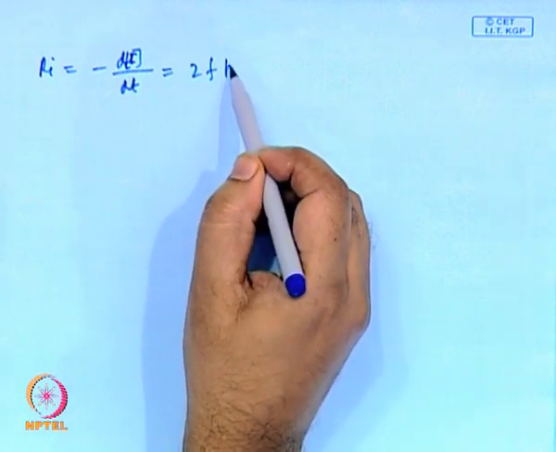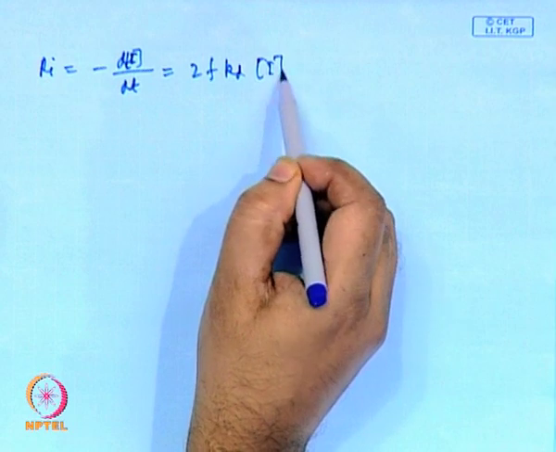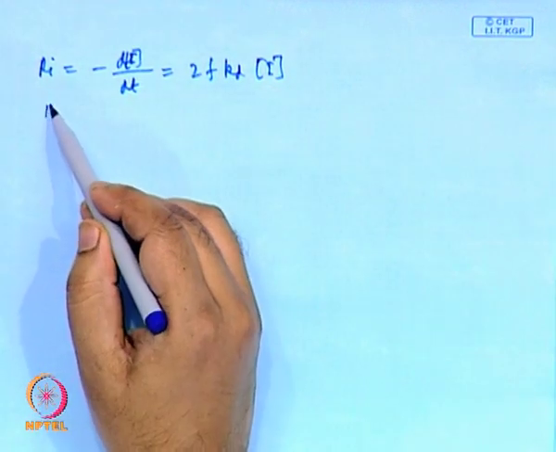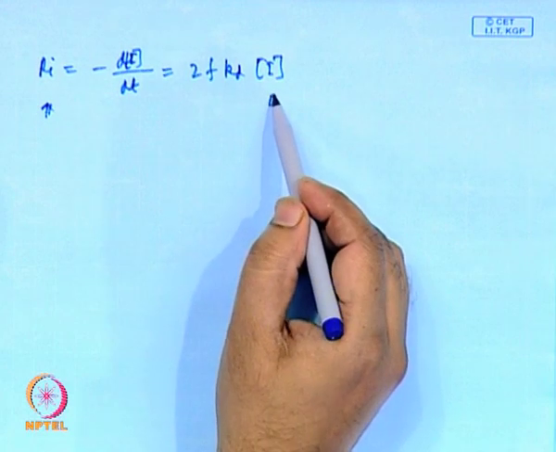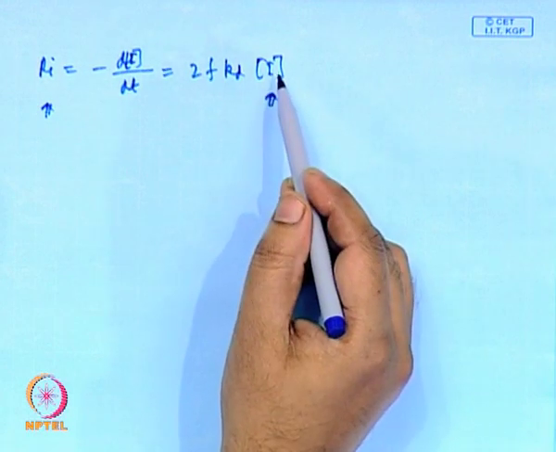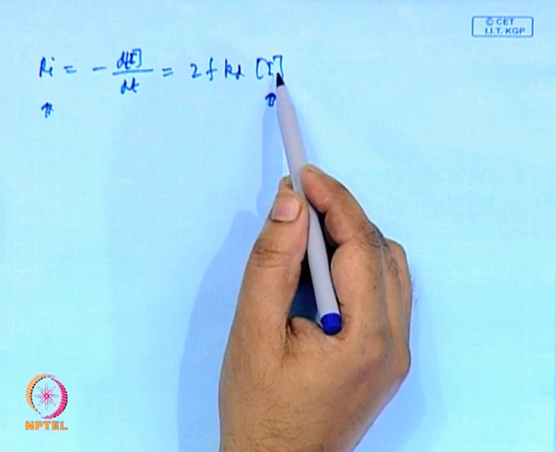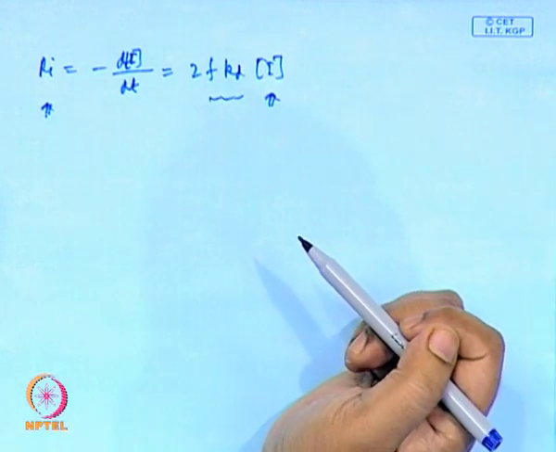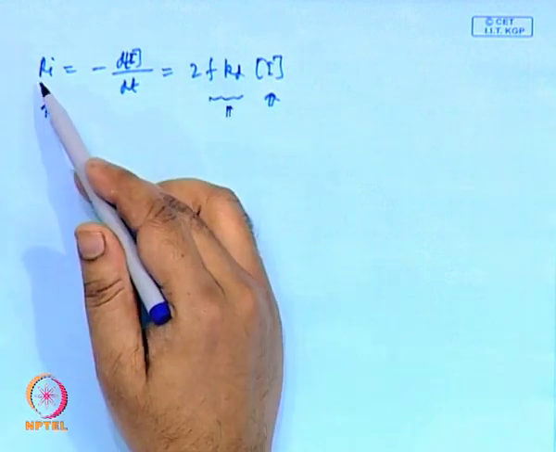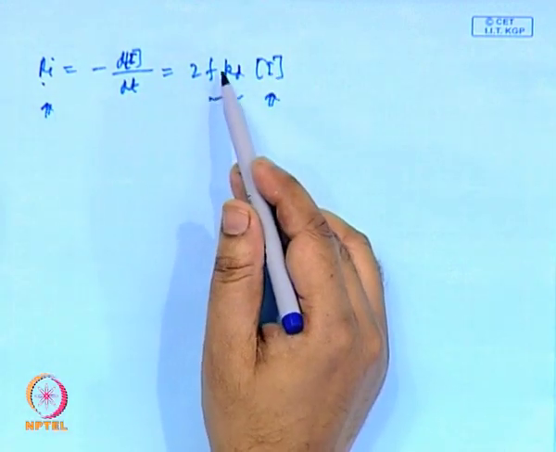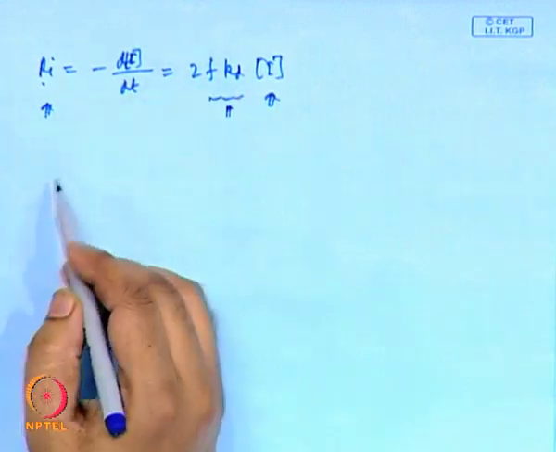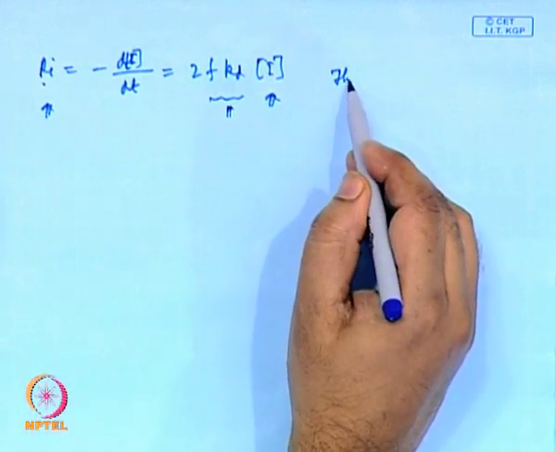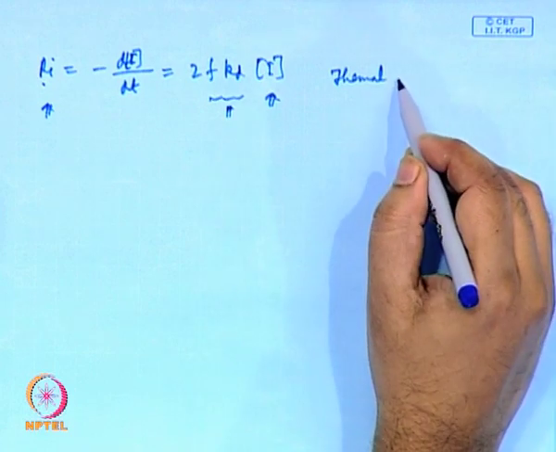So, we know the value of Ri, and we also can find the value of I. So, you know the value of f Kd. Okay. This is known, this is known, this is known. This is for thermal polymerization.